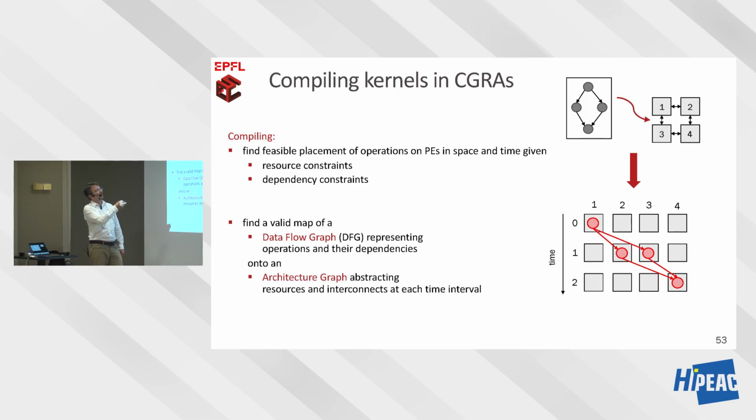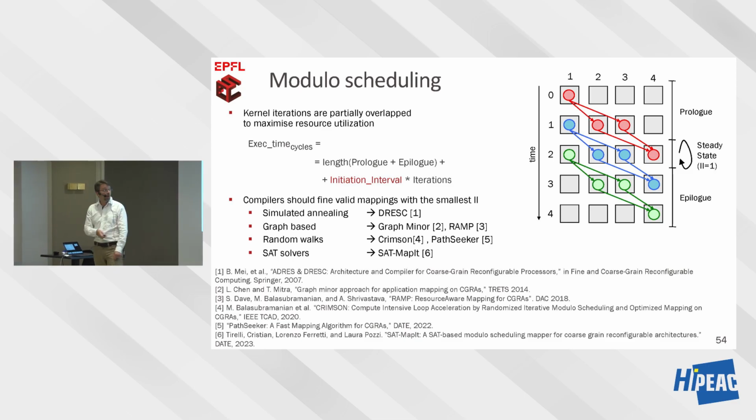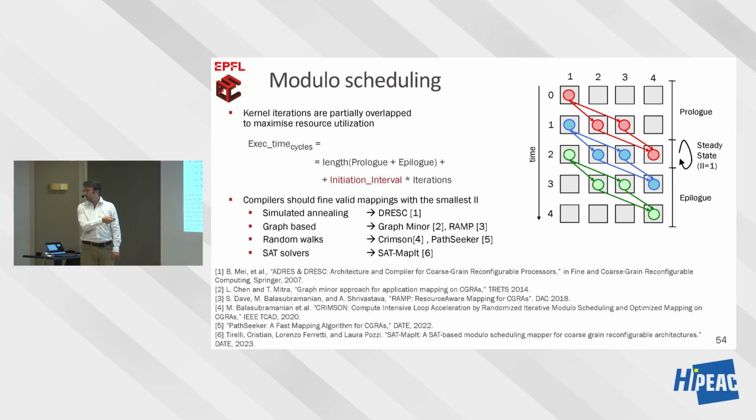If I want to map a loop which has 4 operations, and these are the data dependencies, what these operations are doesn't really matter. I can map them like this, and then I can partially overlap different iterations of my loop. We have the red iteration, the blue iteration, and the green iteration. If I keep doing that, I arrive at a point which is called the steady state, in which this scheduling repeats itself over and over again.